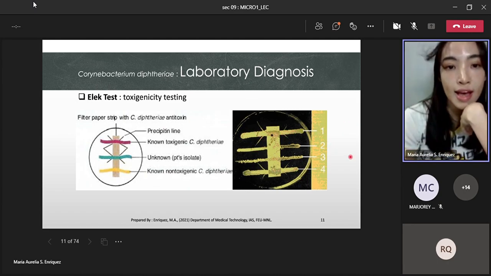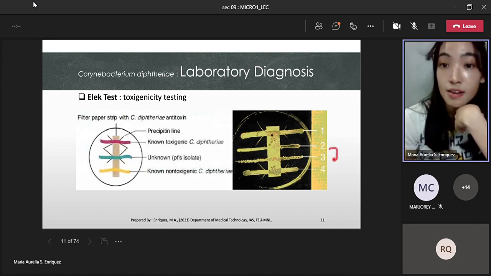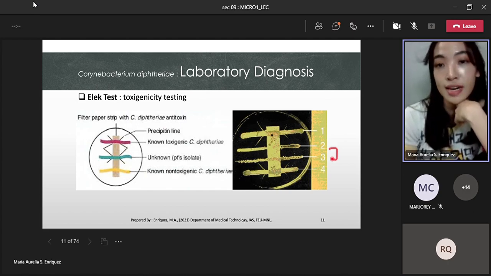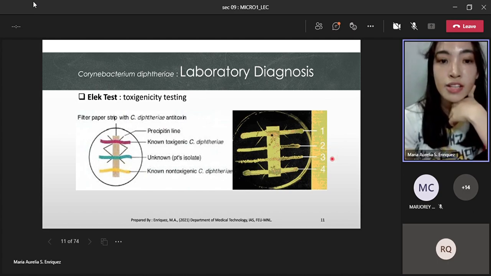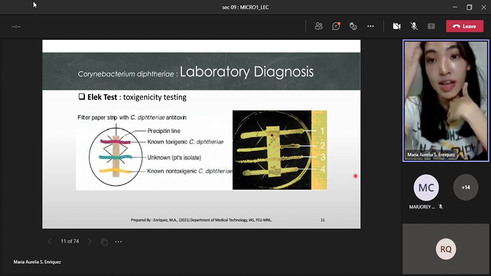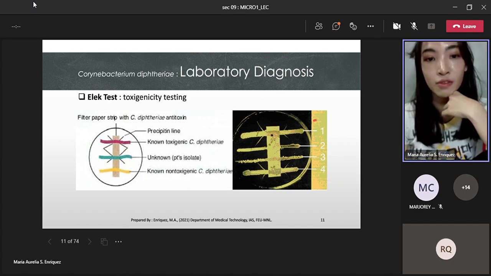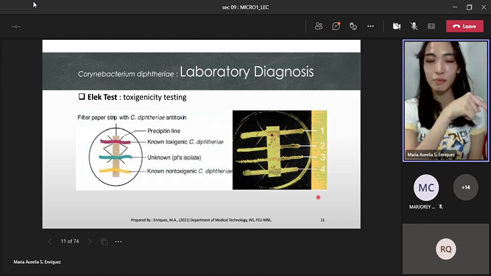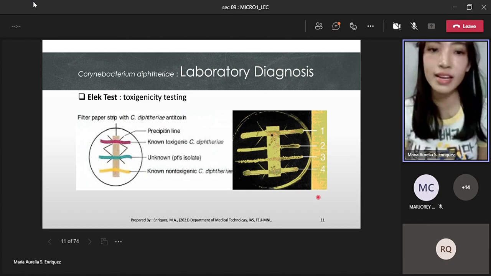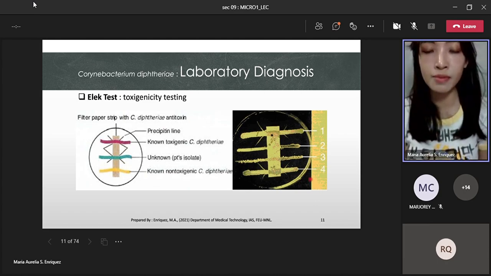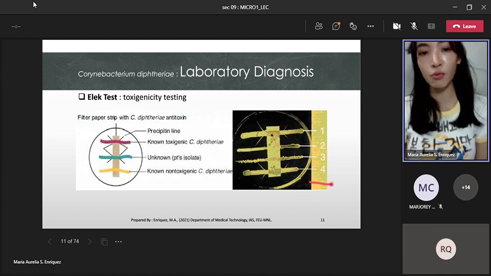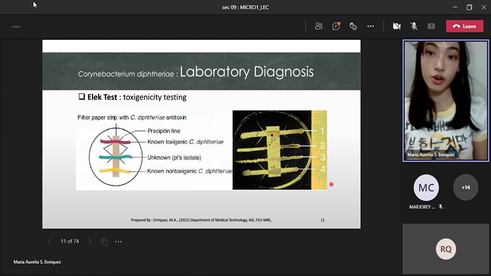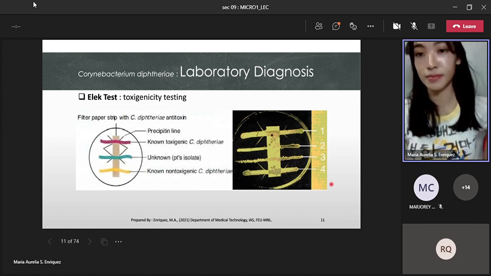So if magpo-positive yung organism, dapat po ganito yung itsura niya. If we would look at inoculums number 2 and 3, hindi sila nag-form ng precipitin line. So most likely negative po itong dalawang isolates na to. And then if we would look at inoculum number 4, ayan po, kahawig niya yung positive control, which is inoculum 1. So meron din siyang mga lines na na-produce sa gilid. So most likely we could say that sample number 4 is the one that is positive for the production of diphtheria toxin.